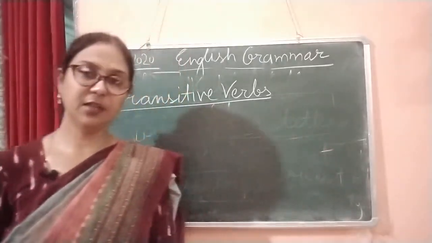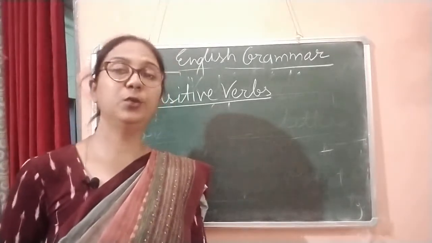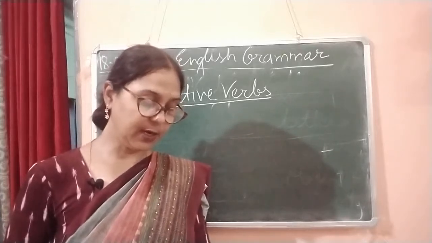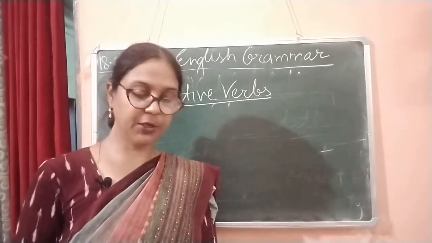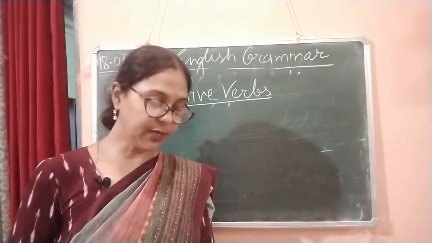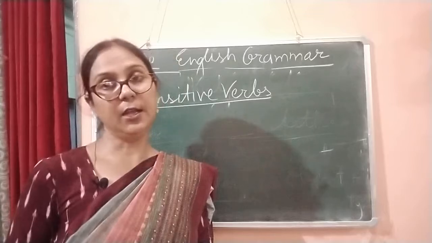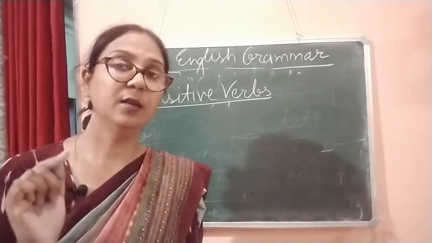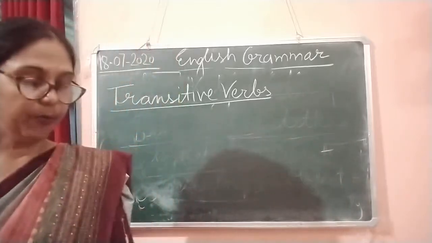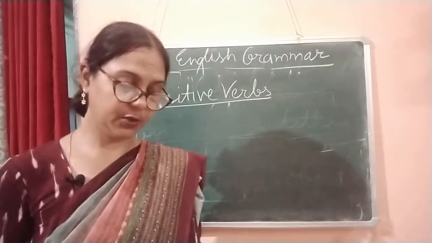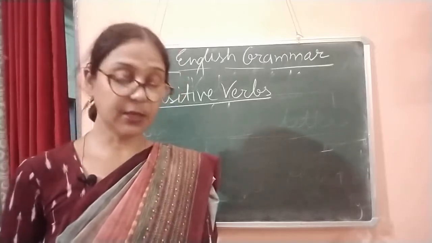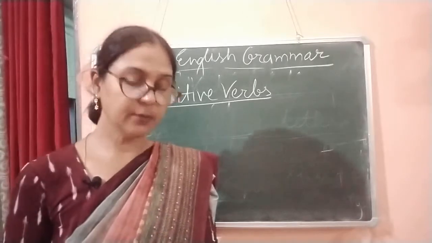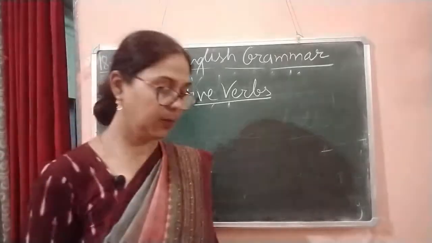Now, on the basis of transitive verbs, we are going to solve exercise B. Read the following sentences, underline the verb and circle the object in each sentence. A few sentences have both direct and indirect objects. So we have to recognize which are direct objects and which are indirect objects. First, Girish painted the cottage. So Girish is the subject, painted is the verb, and cottage is the object.